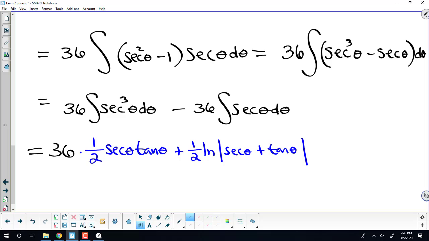Minus 36 times, again, the antiderivative of secant. Remember this minus 36 is times both of these. Or we could have just factored out the 1/2, then that was 18. But anyway, just so we're clear, we've got those constants and those constants.